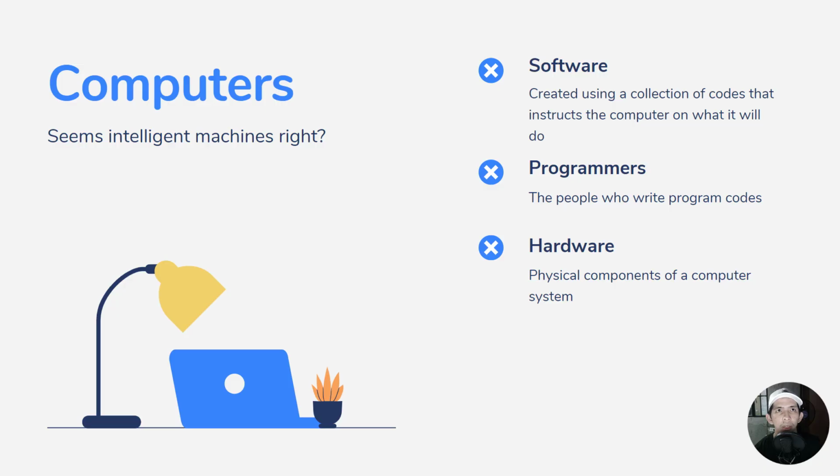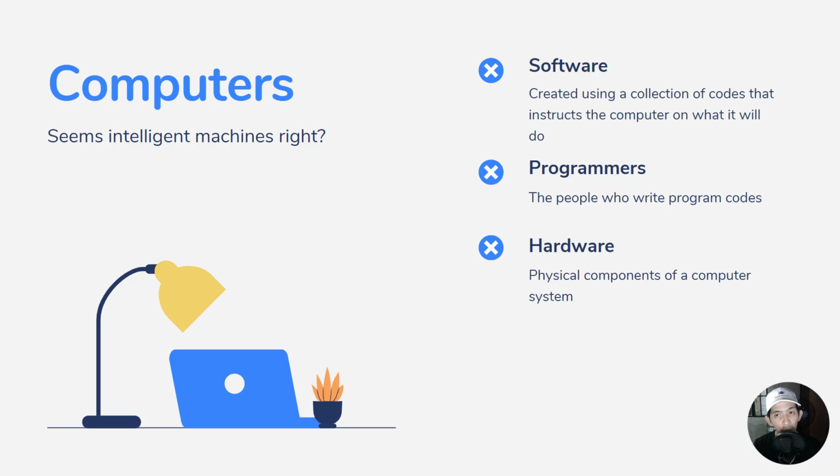So, pretty much useless ang isang computer kung walang software. Wala tayong ginagamit na software. And likewise, medyo mahirap gamitin ng computer kung walang naka-incorporate sa kanya na hardware. So, software are created using a collection of codes that instruct the computer on what it will do.